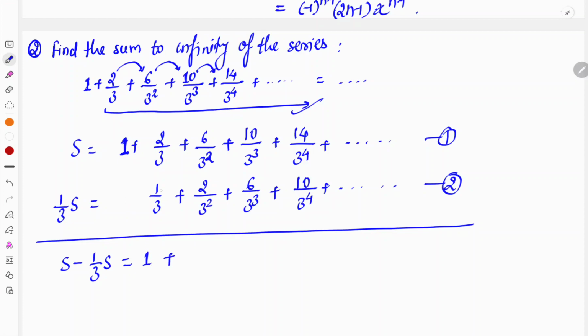Okay, 2/3 minus 1/3, 1/3. Okay, 6/3^2 minus 2/3^2, so 4/3^2. Here you'll have 10 minus 6, 4/3^3. Next you'll be having 4/3^4 plus dot dot dot till infinitely many terms.